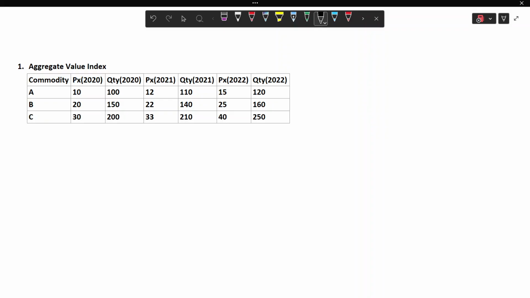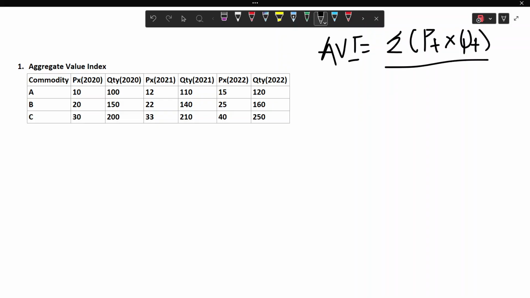And we know that the aggregate value index is given by the summation of price times quantity, both current, divided by the summation of the base year quantity and price, all multiplied by 100.